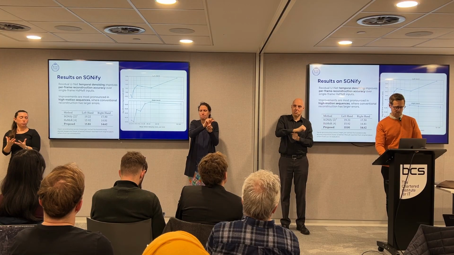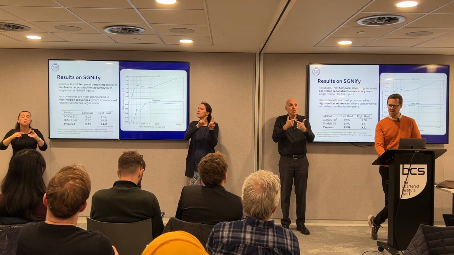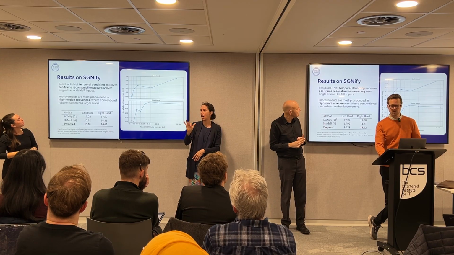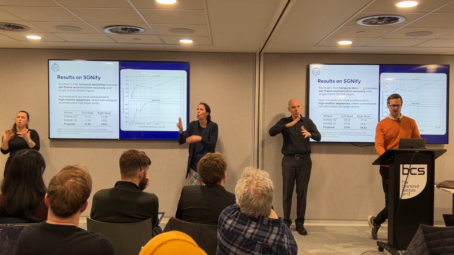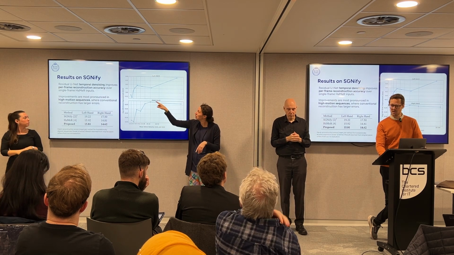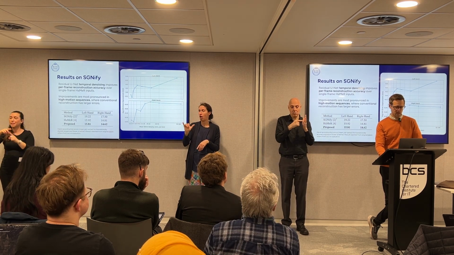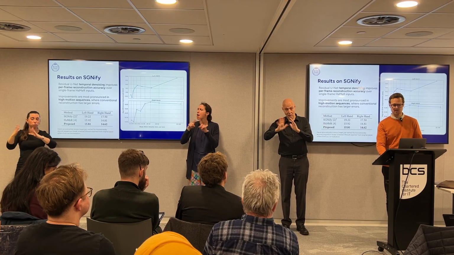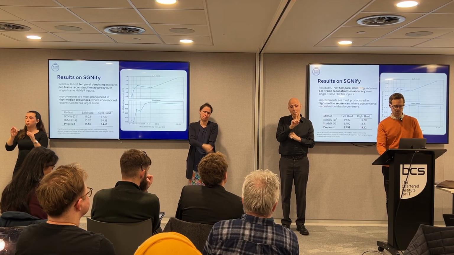And we tested this on the Signify data sets, and even though we used Swedish sign language for the mocap data capture, and Signify is German sign language, we were able to improve the results that Hamer got standalone on the single frame reconstruction.